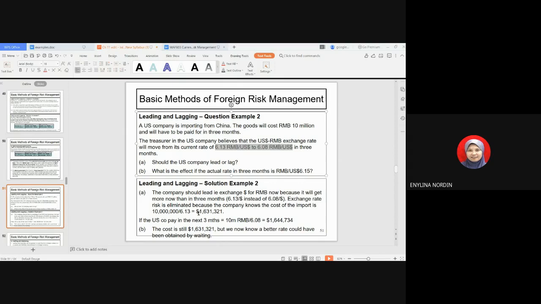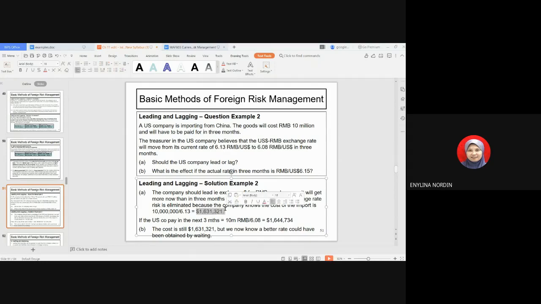Therefore, the amount of dollars that the US company should pay for 10 million RMB equals $1,631,321. Okay, so this is the amount of dollars that should be converted into RMB to pay 10 million RMB to the China supplier. So this is the leading strategy.